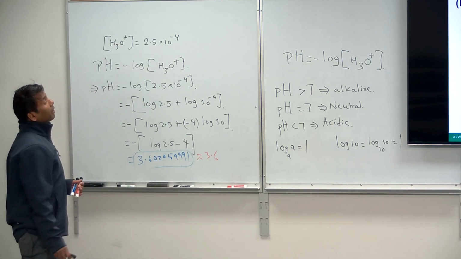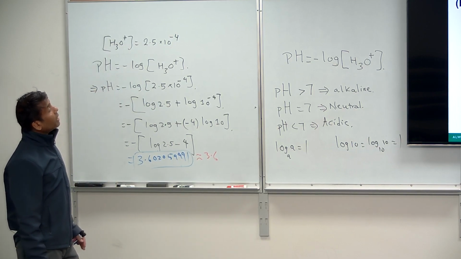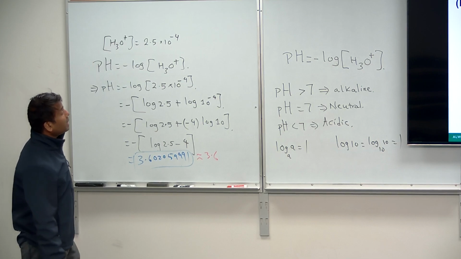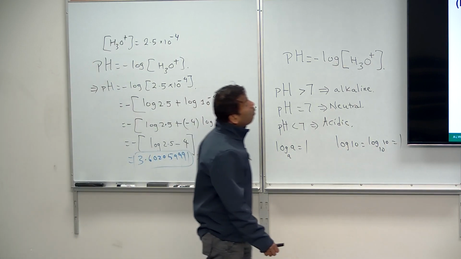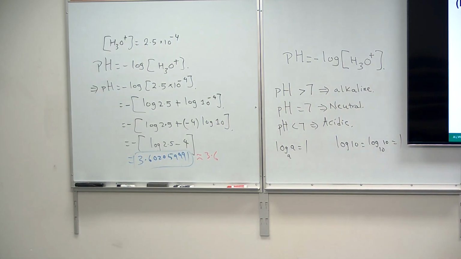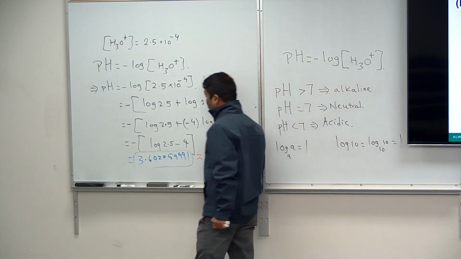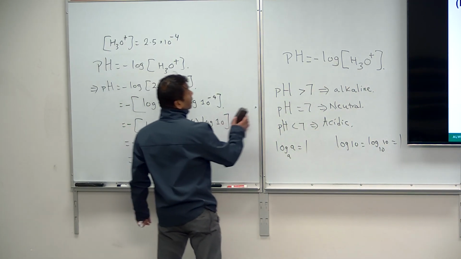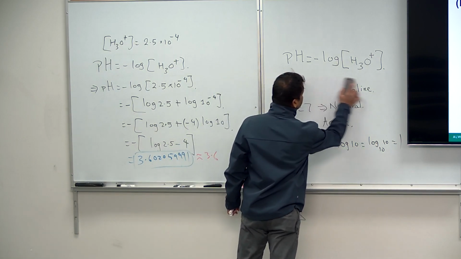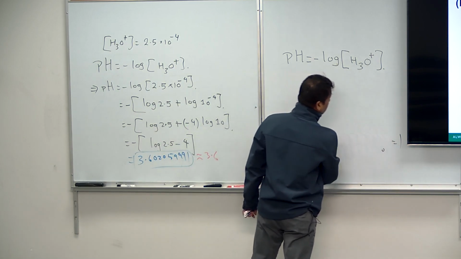So now look here: find the hydronium ion concentration of a solution with pH equal to 7.1. Your pH is 7.1 and you need to find the hydronium ion concentration of a solution. So use the same formula.